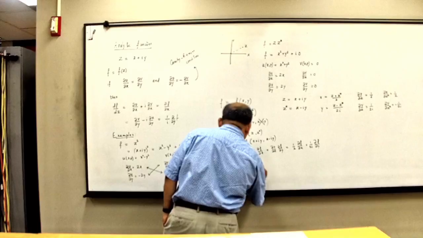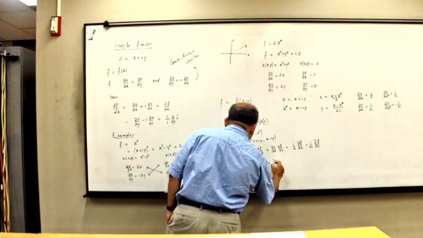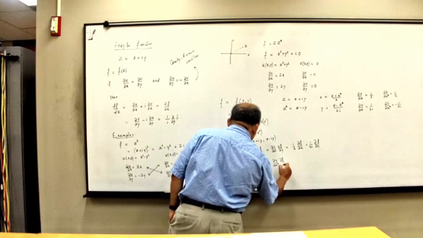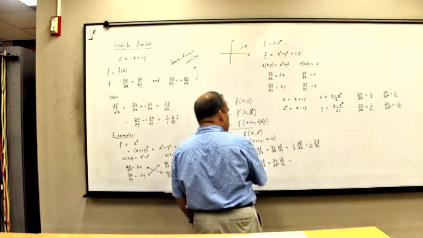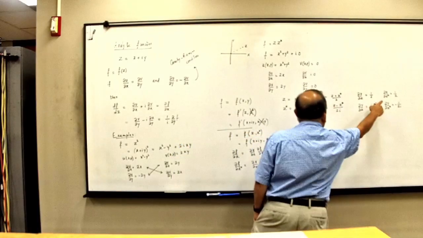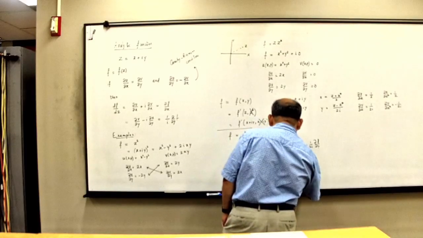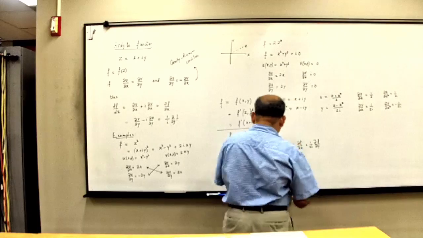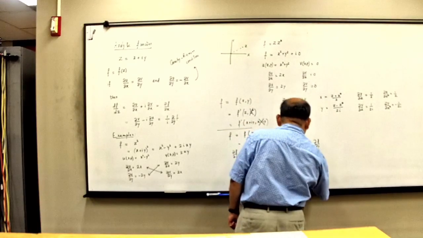The partial derivative of f with respect to z star is the partial derivative of f with respect to x times the partial derivative of x with respect to z star, plus the partial derivative of f with respect to y times the partial derivative of y with respect to z star. The partial derivative of x with z star is 1 by 2, and the partial derivative of y with z star is minus 1 by 2i.